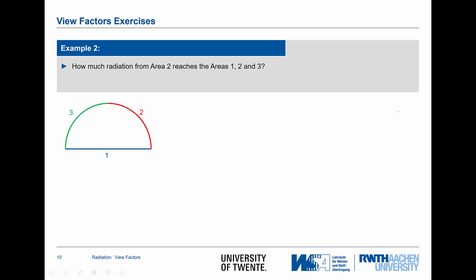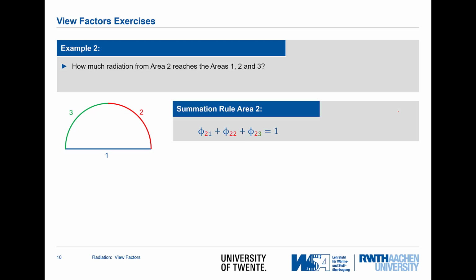And now let's look at how we can solve the thing. First again, summation rule for the area under consideration, area 2. Phi 2 to 1 plus phi 2 to 2 plus phi 2 to 3 is 1. And phi 2 to 2 is non-zero, so we have really 3 view factors here. To calculate phi 2 to 2, we are using an auxiliary plane.